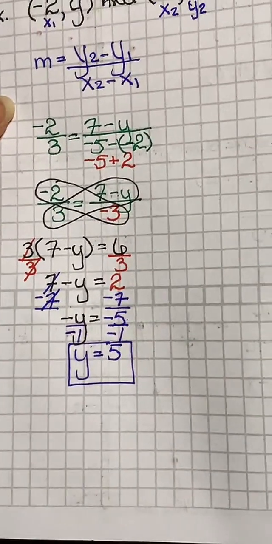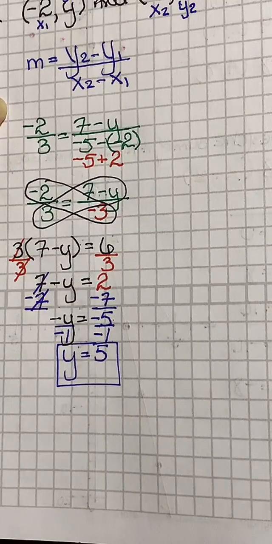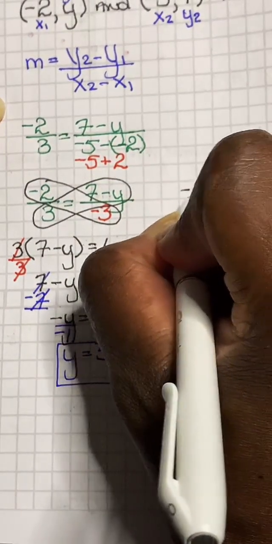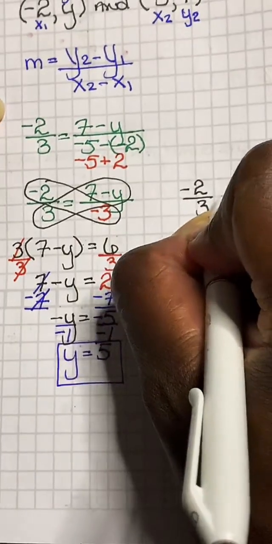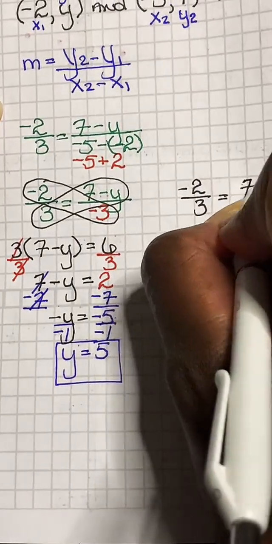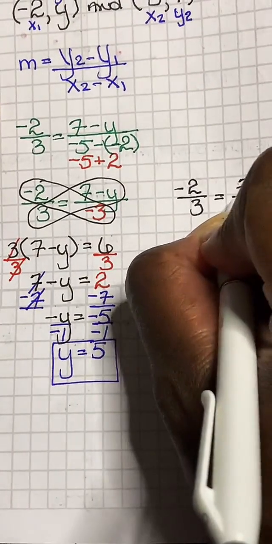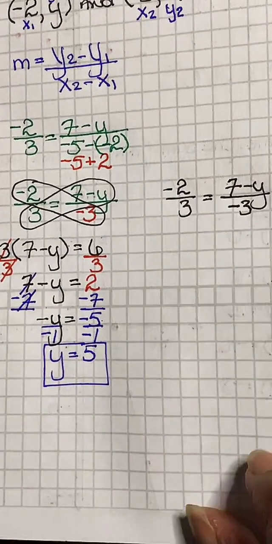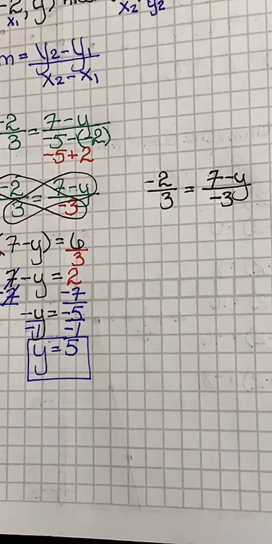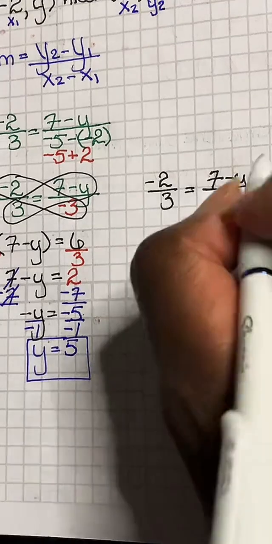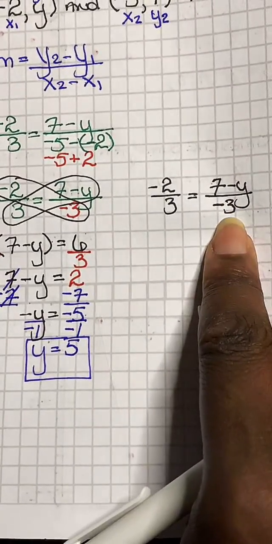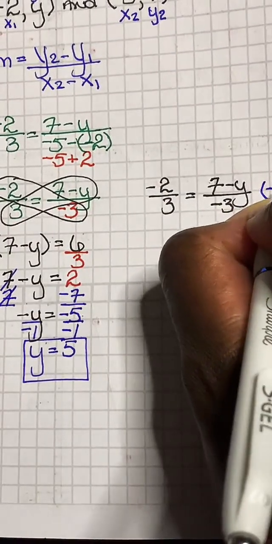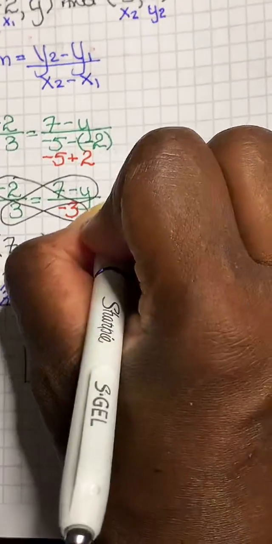Now, here's another way, and I'm going to rewrite the -2/3 equals 7 minus y over the -3 that we got. What we could do is get rid of this -3 down here. If we wanted to, we could have multiplied both sides by -3.